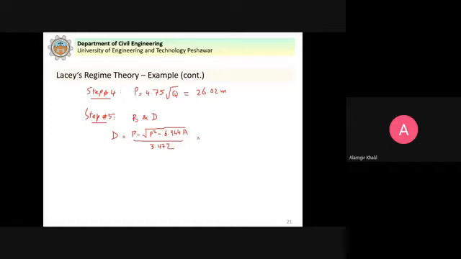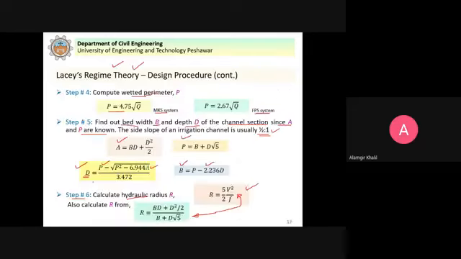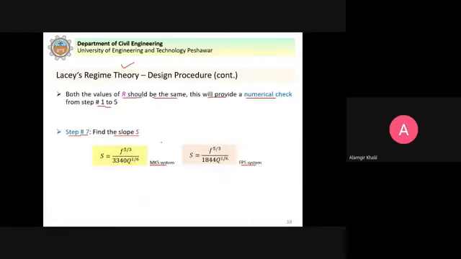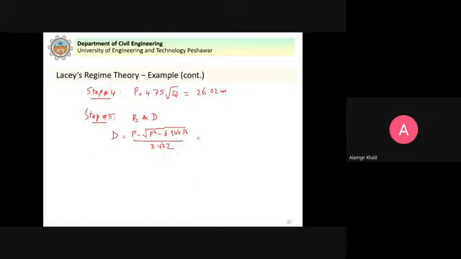So just put the values in this formula we are using. The value of D comes out to be 1.68 meter.